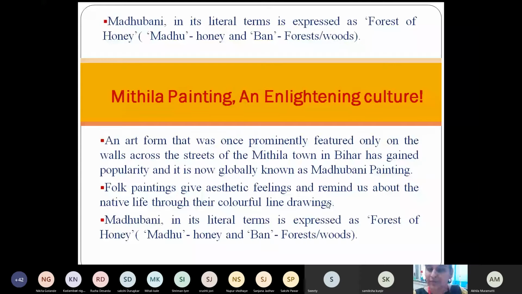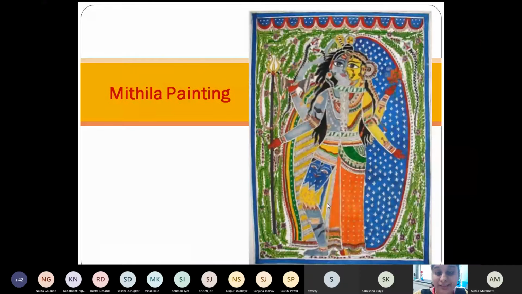You might have come across many videos and photographs on social platforms, but there are very few you can identify and authentically state as a pure Madhubani or Mithila painting, I can say. So here's one.